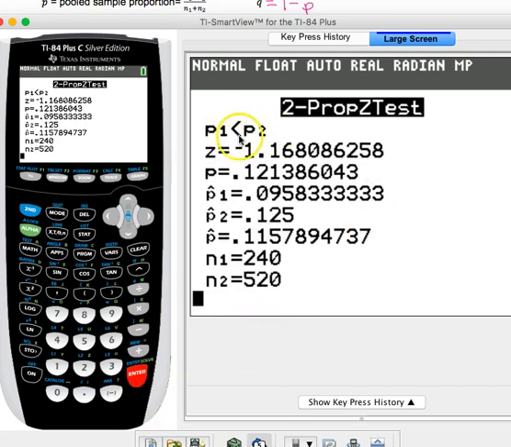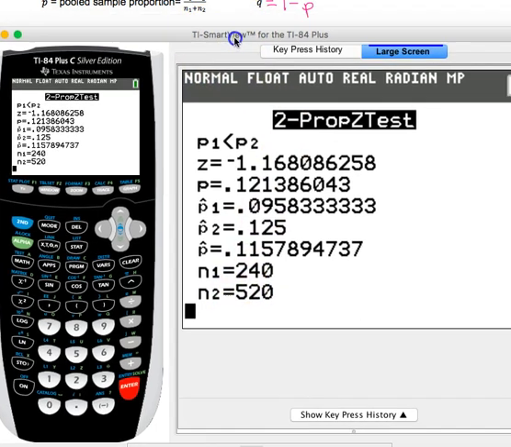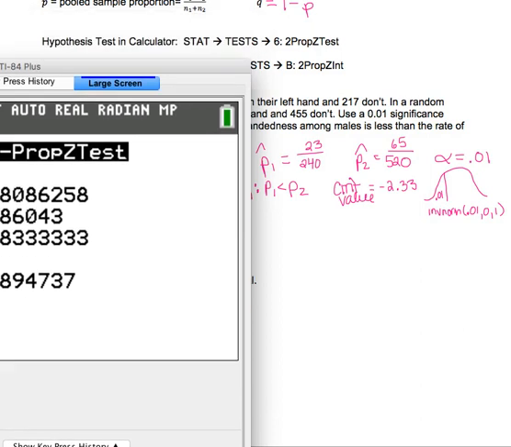Tells me what type of claim I had asked. Here's my test statistic. Here is my p-value. Notice that it also gives me in decimal form my proportions, which is kind of nice, and it also reiterates for me my other values that I had.